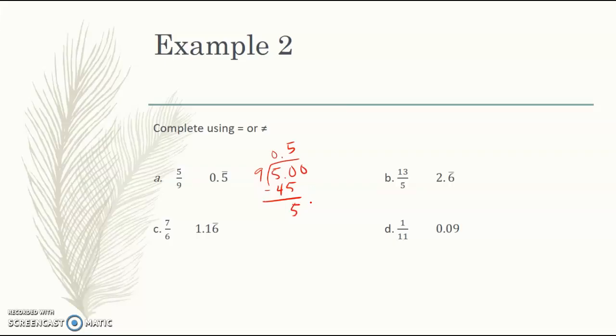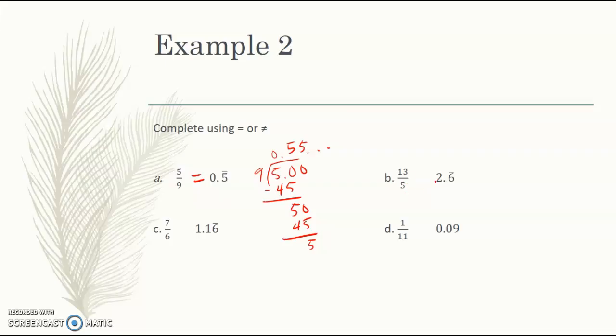Then I put another 0, and I know that 9 goes into 50 5 times, and I have 45. And I notice that I've got 5 again. Each time that pops up, it's just going to be another 5. So the 5s are just going to keep coming, and it's just going to keep going. So this is going to be equal because this is 0.5 repeating.